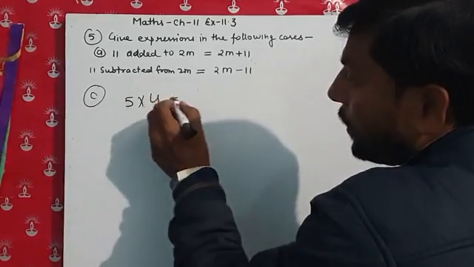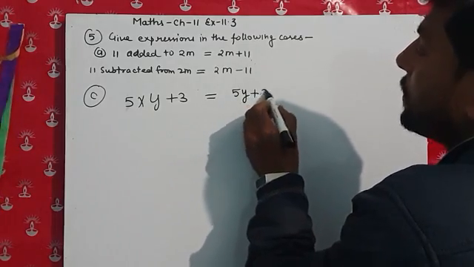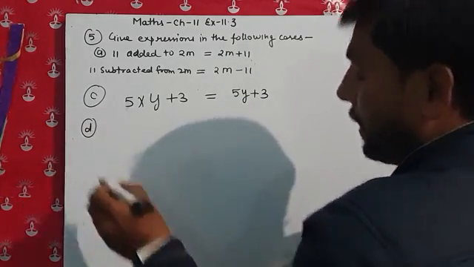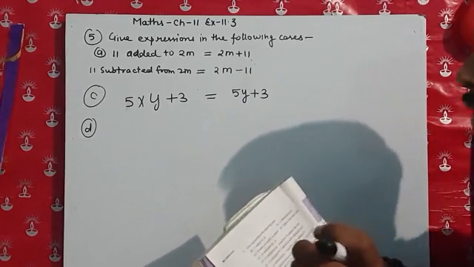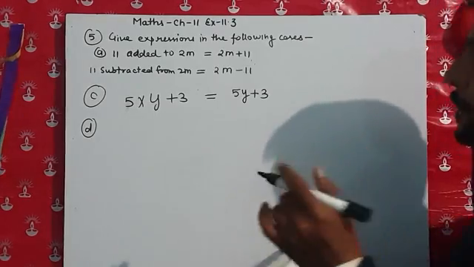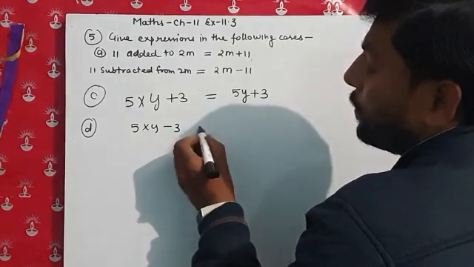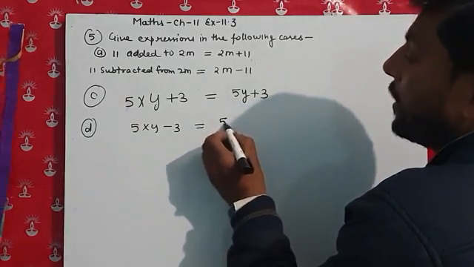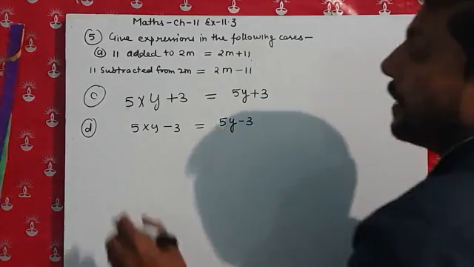So the expression will be 5y plus 3. Now going to the D part. In the D part, the question is saying 5 times y from which 3 is subtracted. So the expression will be 5 times y minus 3. That means 5y minus 3.